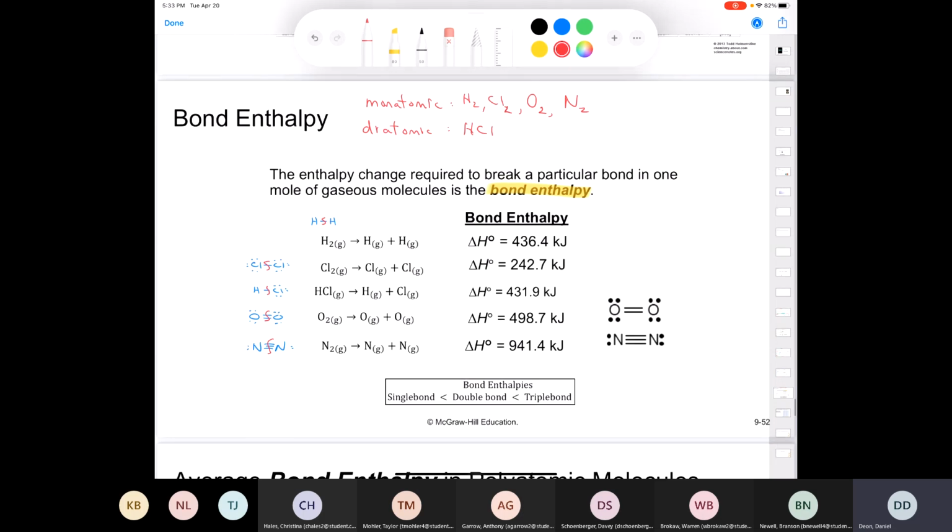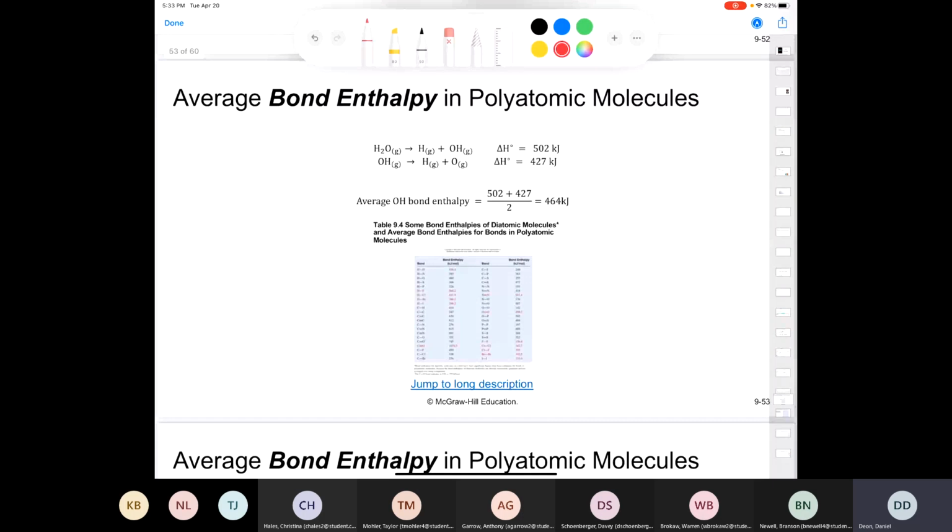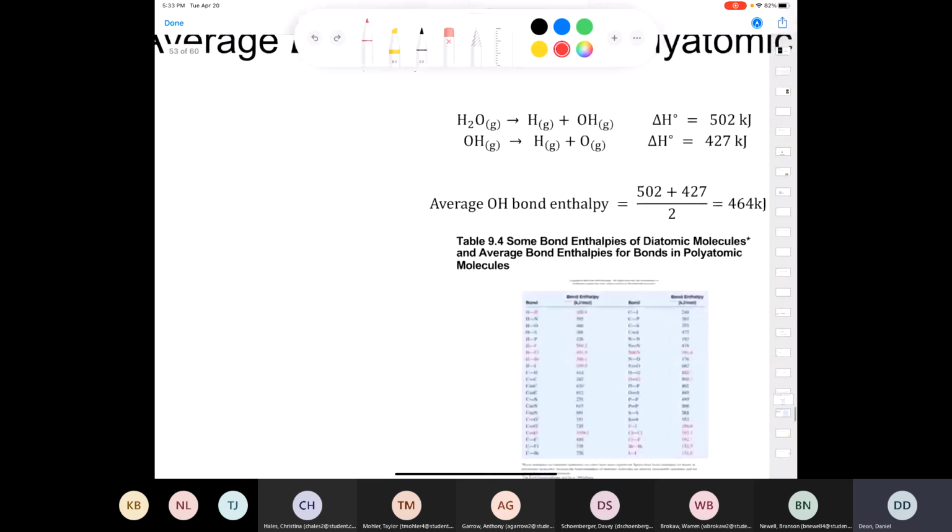But what if we wanted to look at the bond enthalpy of the oxygen-hydrogen bond in water? Now I know this table is too small for you to see, but just give me a second here. If you had a water molecule, let me just draw the Lewis structure. It's H2O. You get two lone pairs on the oxygen like this.